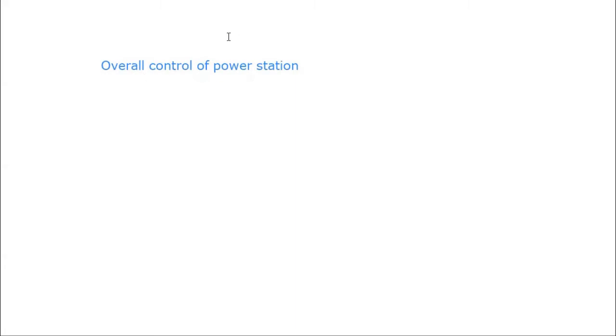When you talk about the power system network, if you vary the real power generation, then automatically your frequency will get affected. And reactive power control controls the voltage magnitude.